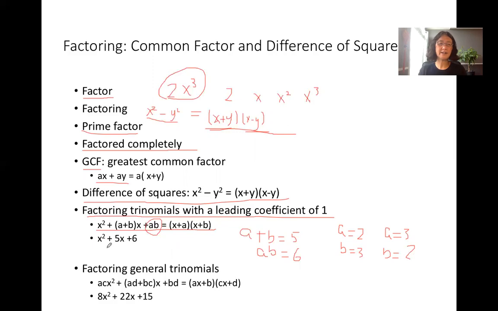Once you have identified a and b, this equals x plus a, which is 2, multiplied by x plus b, which is 3.